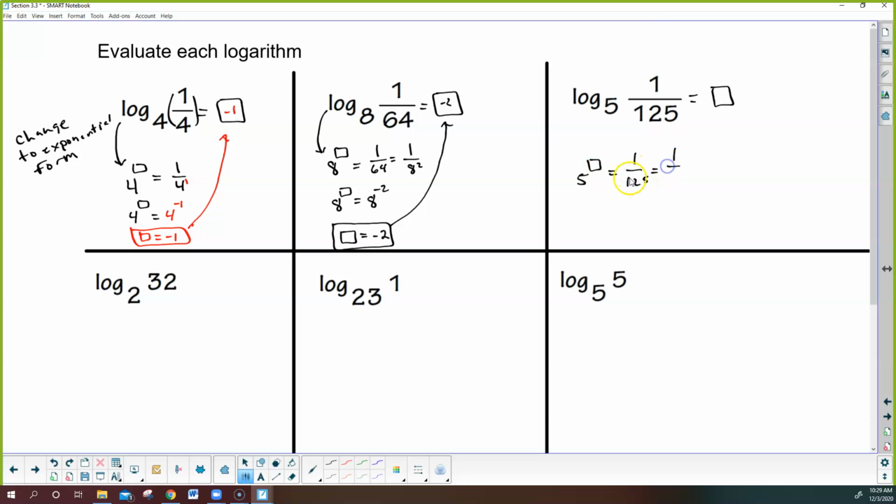So the way my brain works is 1/25 is the same as 5 to the third power, but this is a fraction, so instead of writing this as 1 over 5 to the third power, I'm going to write it as 5 to the negative third power. And then the bases match up, which means the exponents match up. So the answer we're looking for had to be -3.